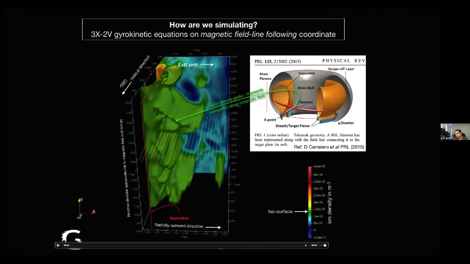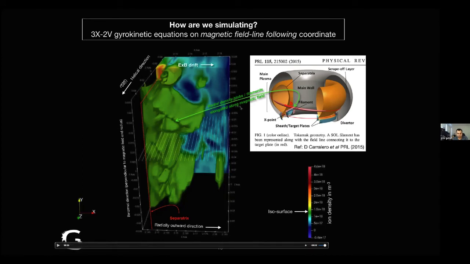The diverter is here, you can see. Whatever is coming out, this is the core where the fusion happens. It should travel outwards like this, come out from here, then follow the magnetic field lines and hit this diverter region.